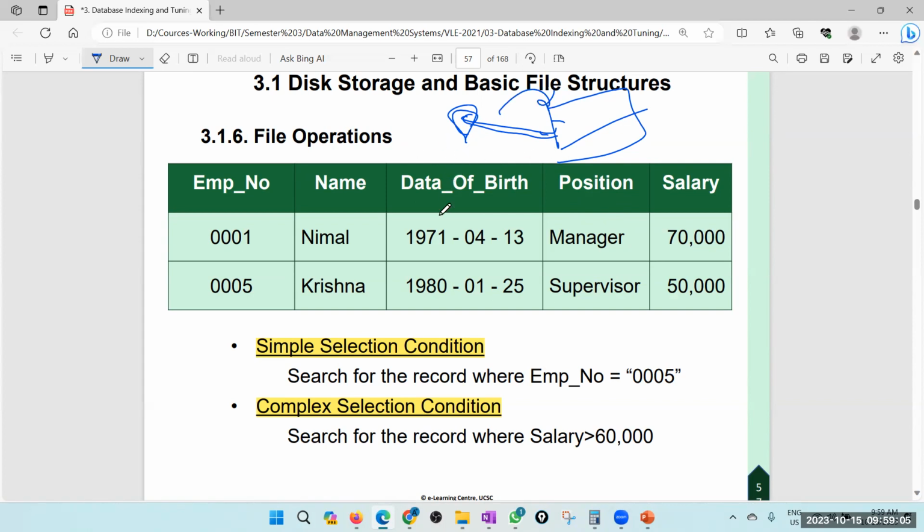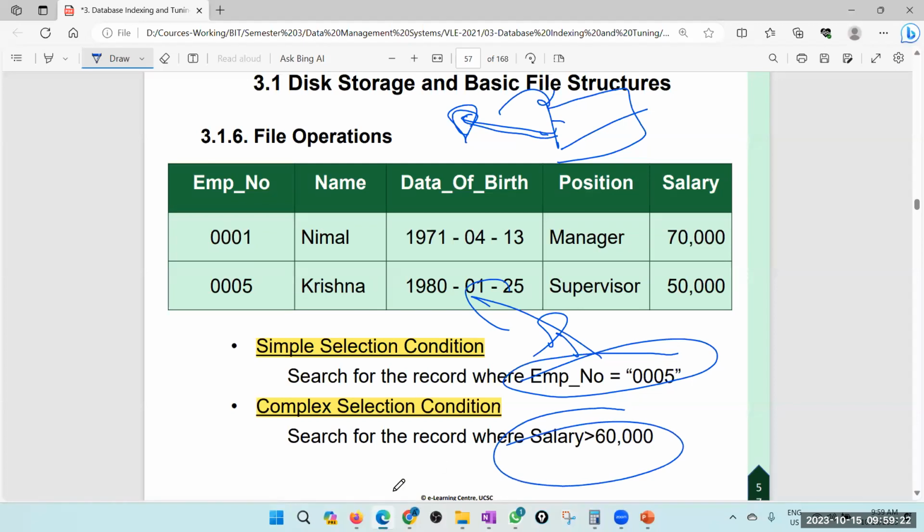But there are situations where you need to retrieve multiple records. This one is a simple selection where one block is enough. One block is loaded. But if it is something like salary greater than 60,000 and so on, these records will be here and there.